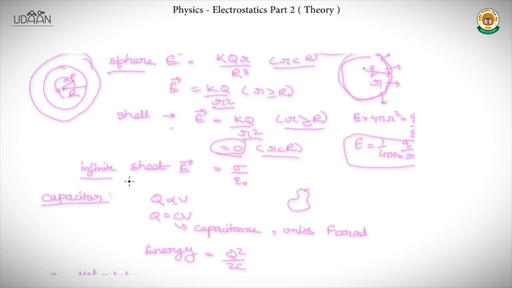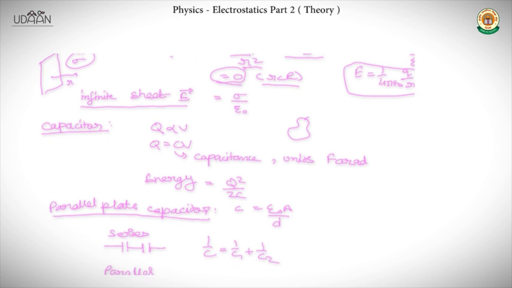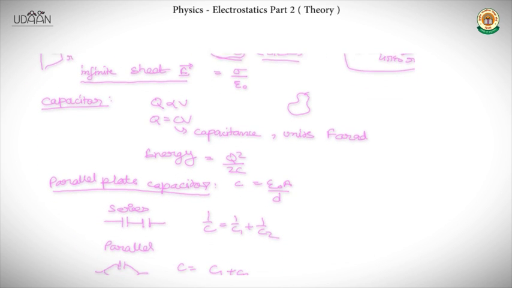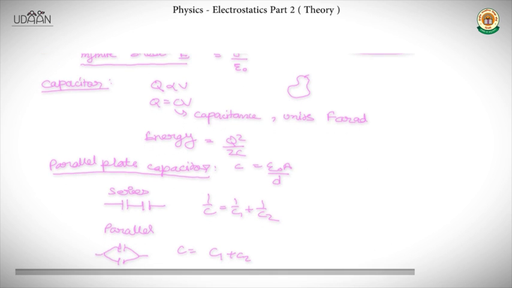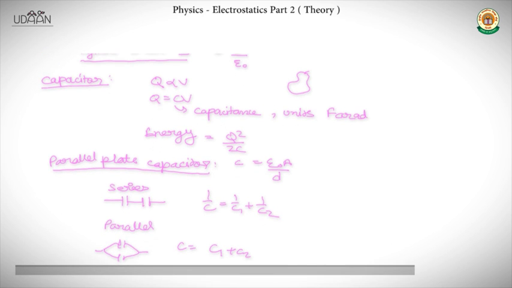For an infinite sheet of areal charge density sigma, areal charge density is charge per unit area, sigma. For that the field will be sigma by epsilon naught simply, and it is irrespective of the distance of the point. It is a very interesting observation that it is irrespective of the distance, and we'll be using this later in capacitance.